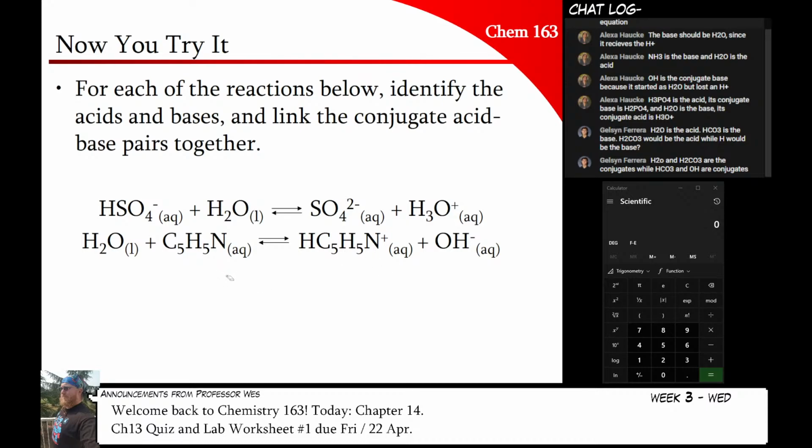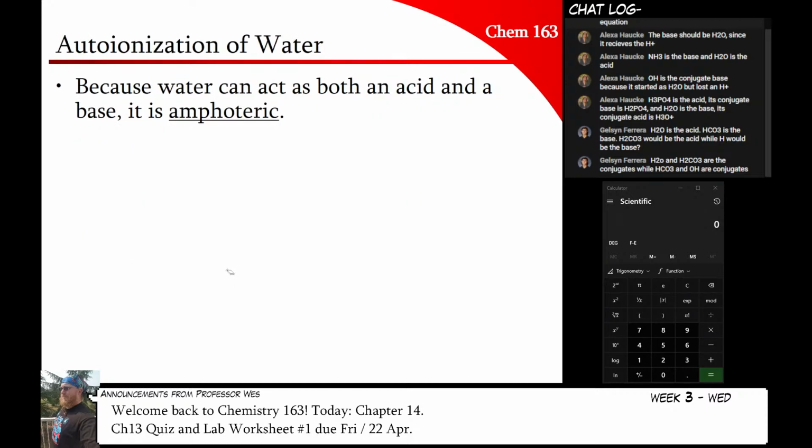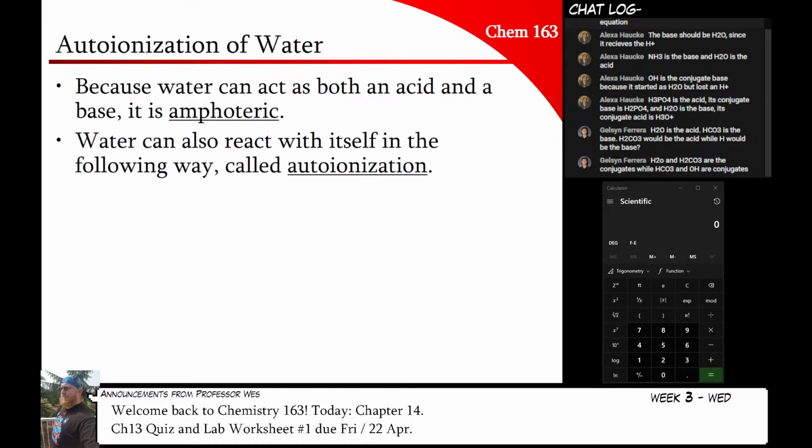We're going to go on to the next topic, which is where we're going to start doing math with this stuff. You might think, how the heck are we going to do math? Well, we could calculate concentrations of stuff, and that's what we're going to do. Now, because water is amphoteric, it can do this.